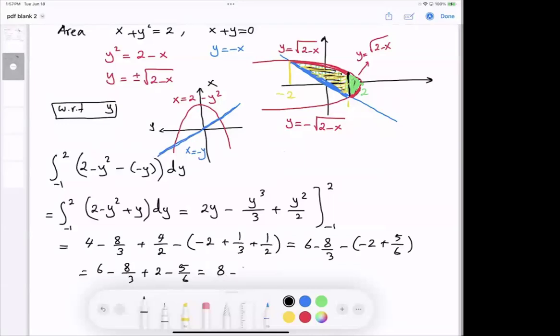If you take a common denominator, 16 divided by 6 minus 5 divided by 6, or 8 minus 21/6, or 48 minus 21 divided by 6. And as we saw, it's equal to 9/2.